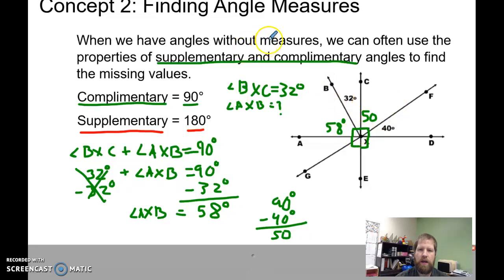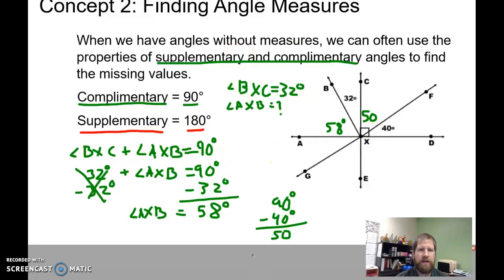And if this one, GXF, is a straight line, a straight 180 degrees, then BXA is 58, but BXG is not going to be 90 degrees, because this straight line is telling me that, and we'll move on to our supplementary angles.